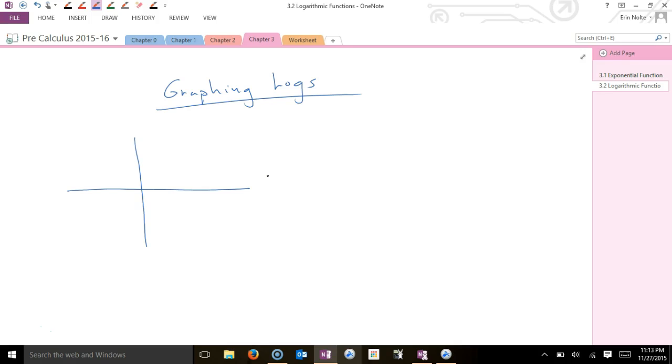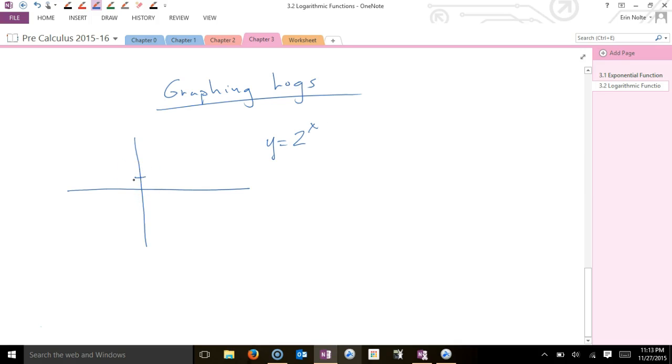Okay, let's talk about a very basic exponential function. Let's do something like 2 to the x. Very simple, very basic. Okay, how do I graph that? What's my y-intercept? 1, right? Because it's invisible, so it's 1, it's in front.